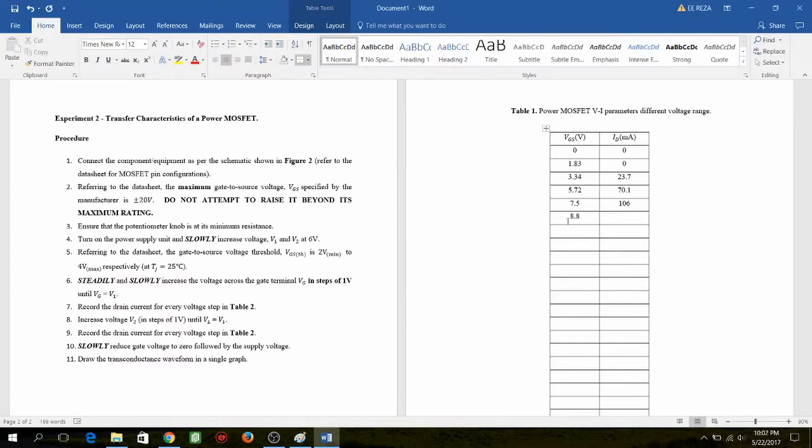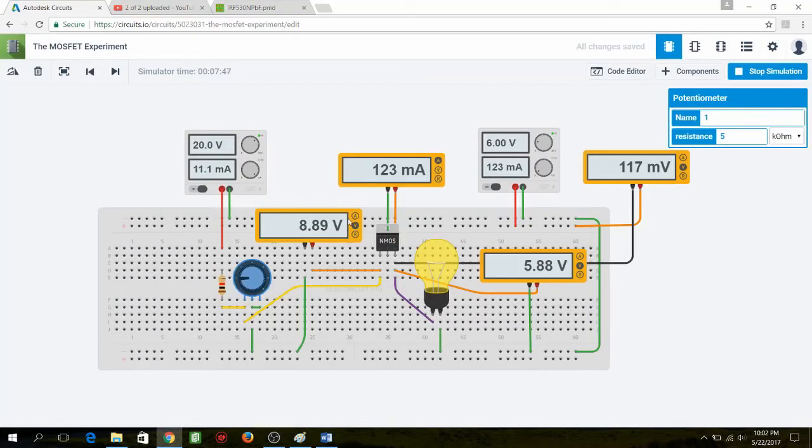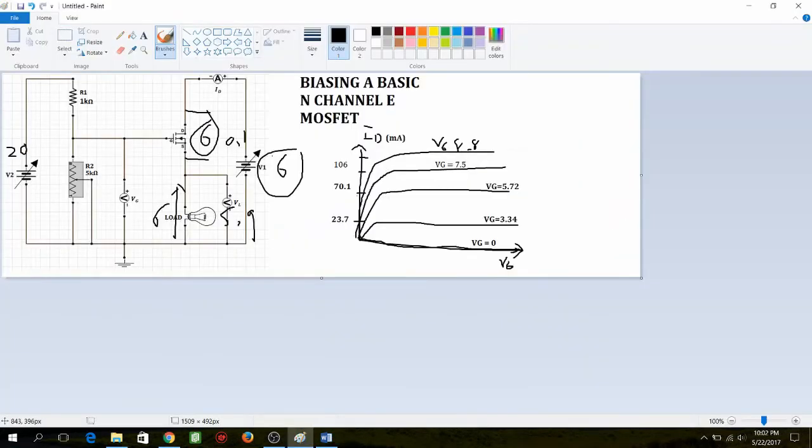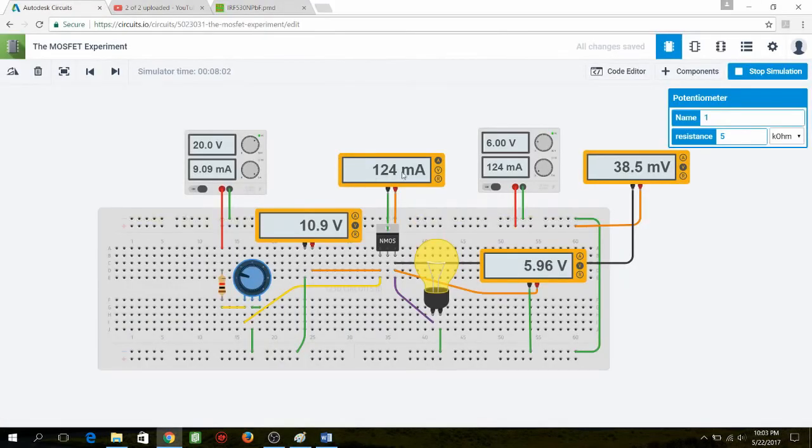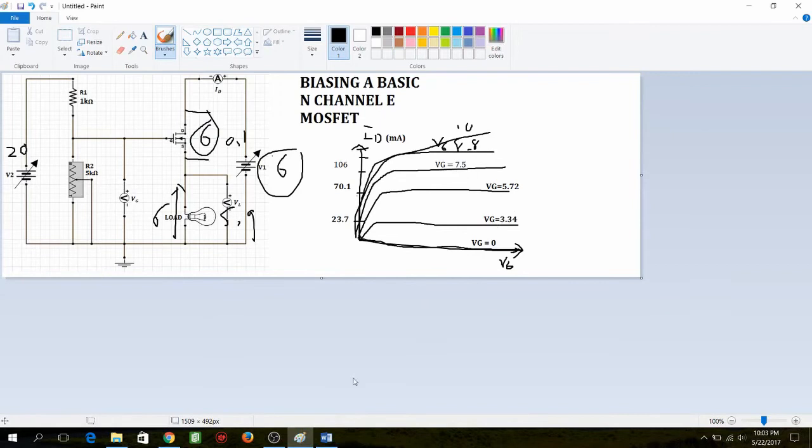Now if I continue to increase this more and more, at 10 for example, this is 5.96. So at 10, my drain current will be 134 milliamp. Can you see that the current is already saturating?